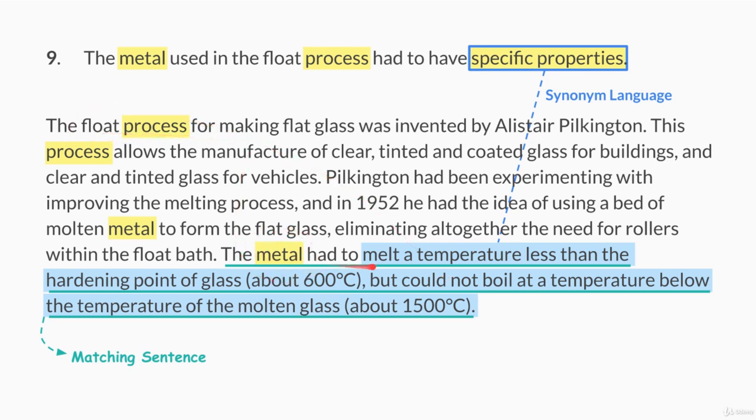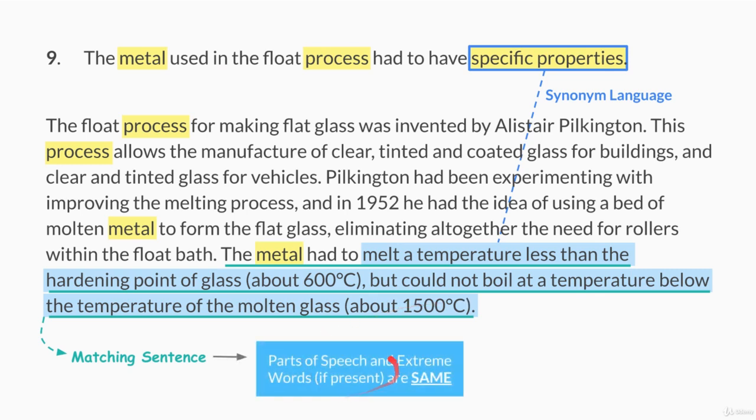The metal had to go through this process. It just had to. Otherwise, it probably would not have worked. So I'm going to say that the information in these two sentences seem to match. The parts of speech are the same. So if the parts of speech are the same, then the answer is going to be true.